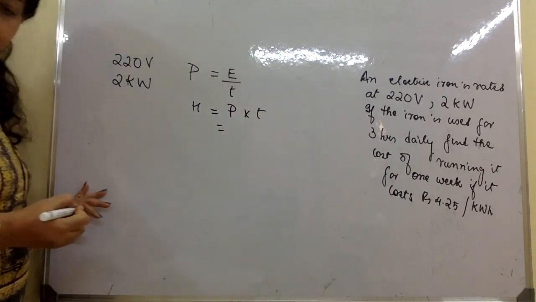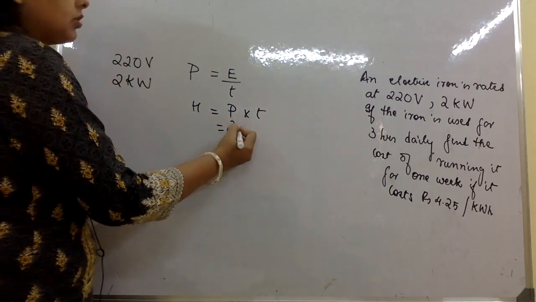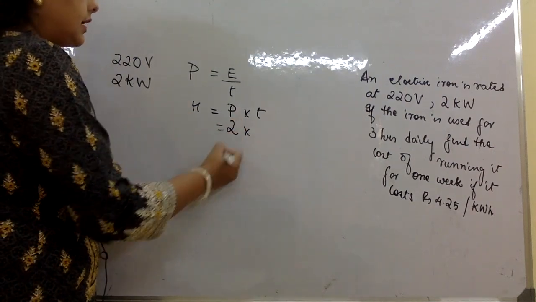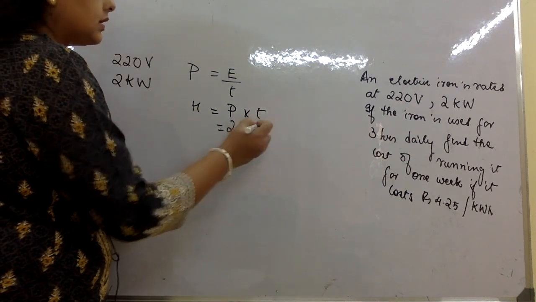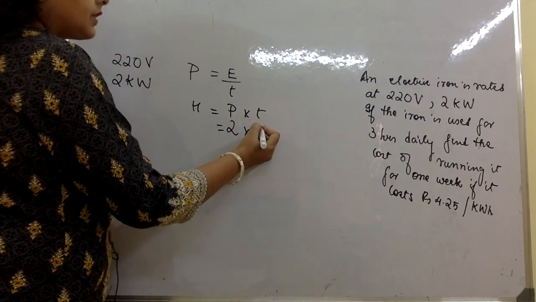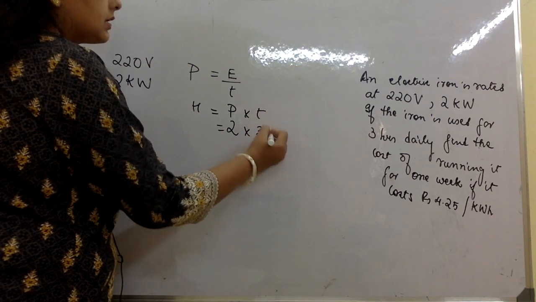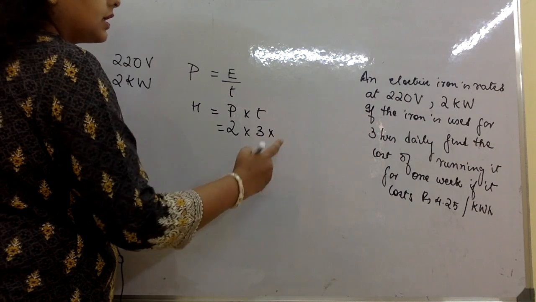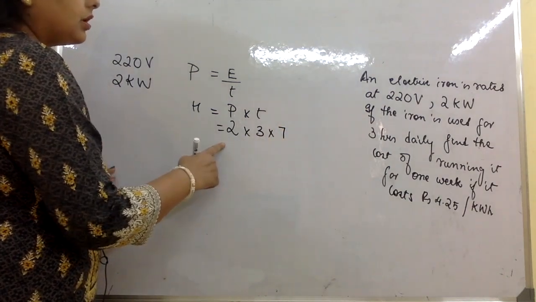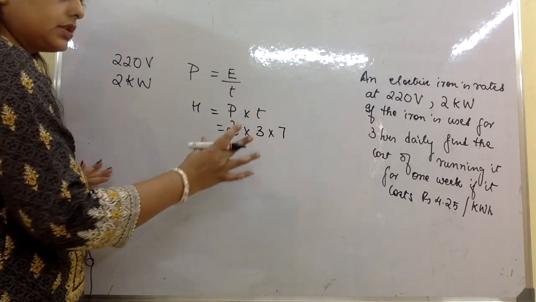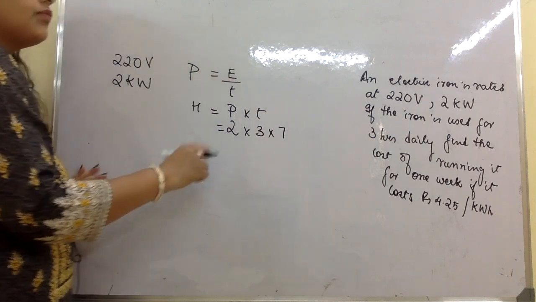Now power is 2 kilowatts, and time is 3 hours, and it is being run for 7 days, 1 week. So this is the total amount of heat that is being consumed in 1 week, and this is coming in kilowatt hour.